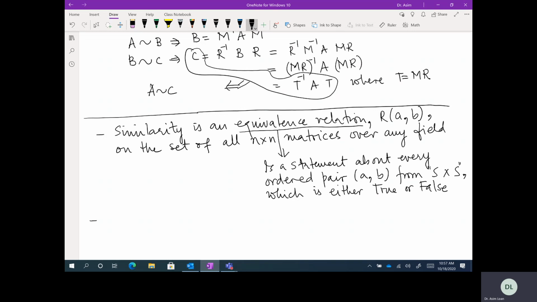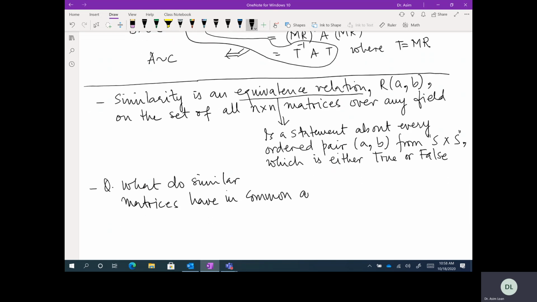So the question is, what do similar matrices have in common? And with a special choice of M, we already know if M is a set of eigenvectors, then you have a diagonal form.